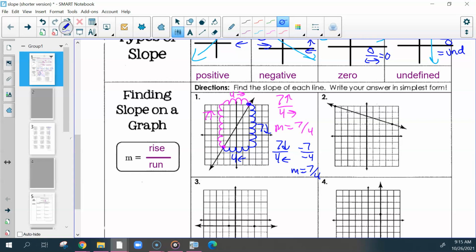Okay, let's do the next one. There are points on this one, and this one. So if I was doing left to right, that would be 3 units down. And 1, 2, 3, 4, 5, 6, 7, 8, 9 units to the right.